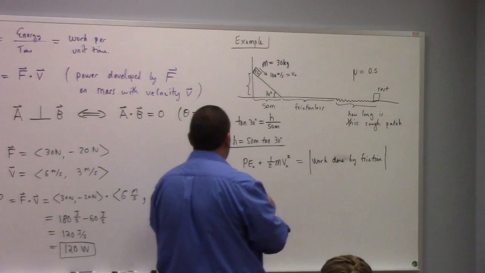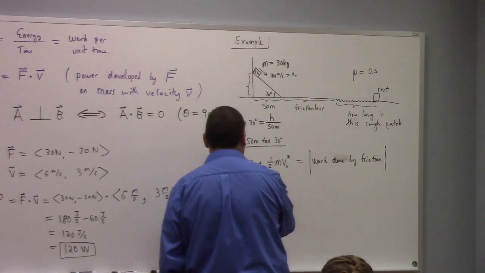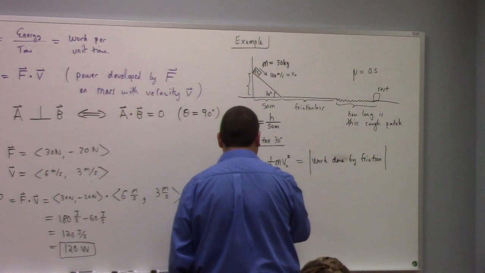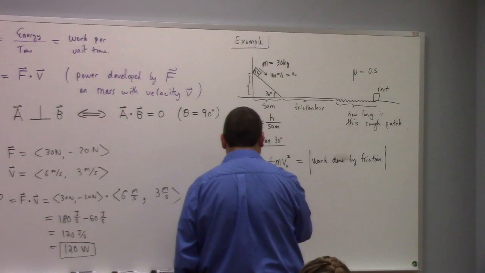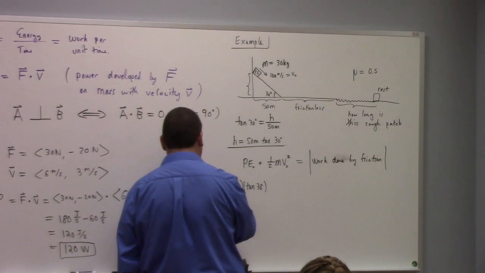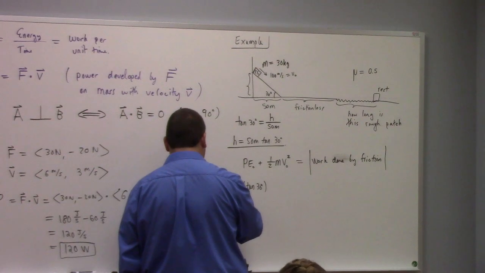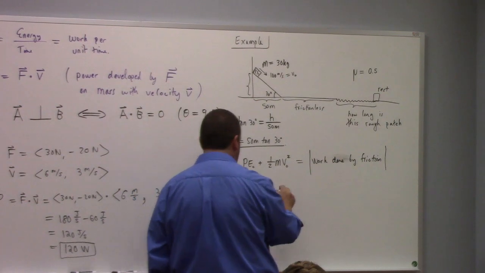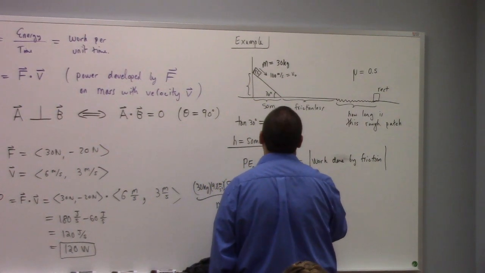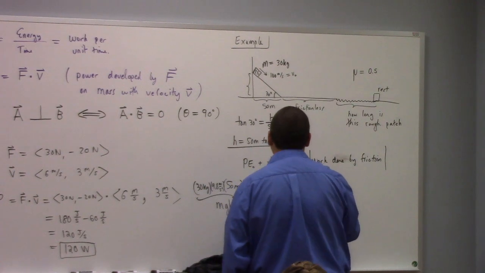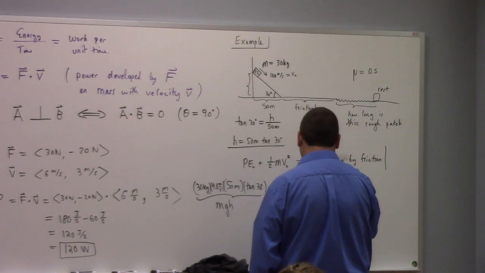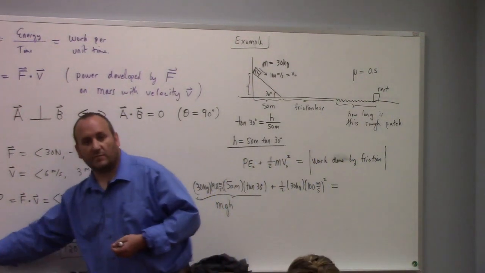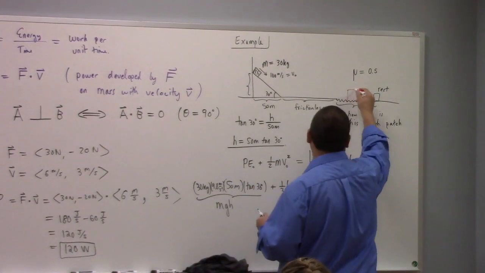So we've got 50 meters, tangent of 30 degrees, times mg: 30 kilograms times 9.8. So this is mgh, okay? Plus 1/2 times 30 kilograms times 100 meters per second squared equals what? Now, what's the friction force when it's moving across the rough patch?